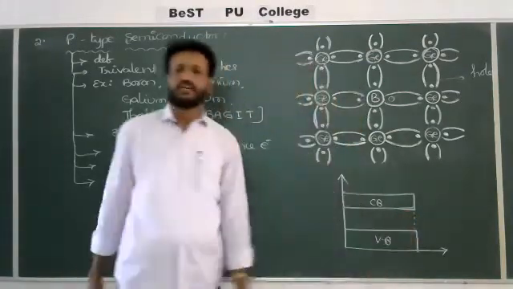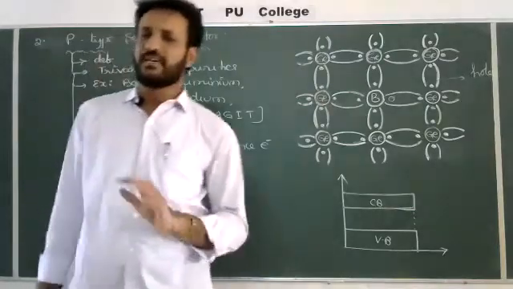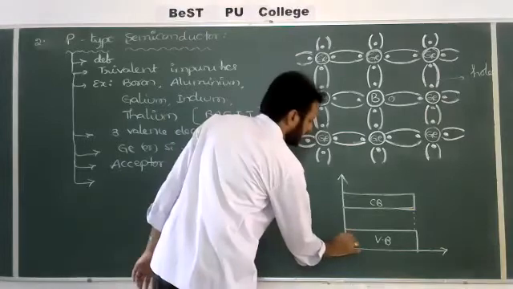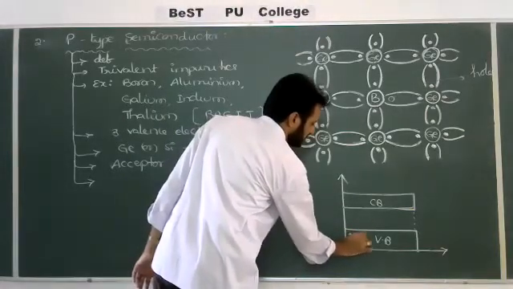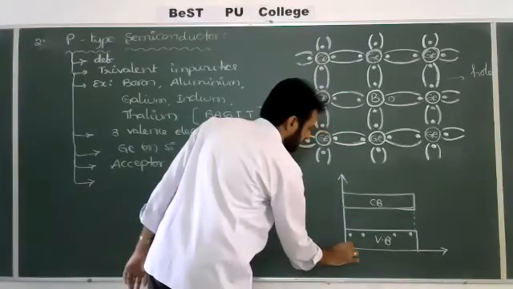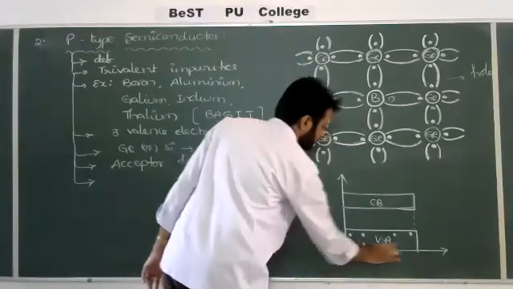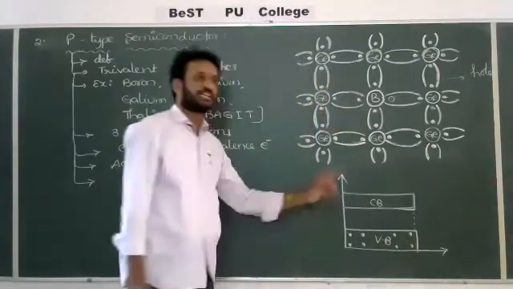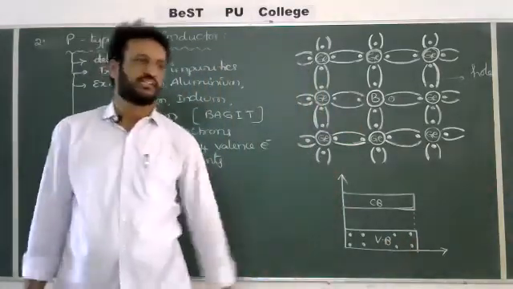For example, at a very low temperature, not room temperature, the valency band contains electrons. Say there are 8 electrons present in the valency band, but in the conduction band 0 electrons, correct?